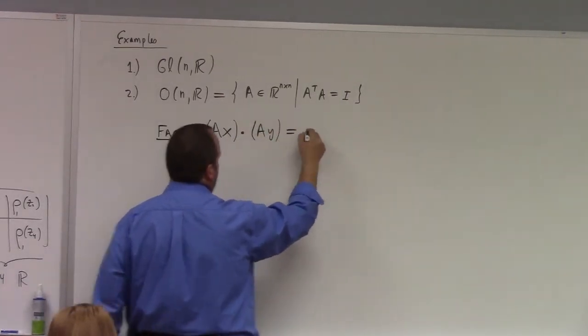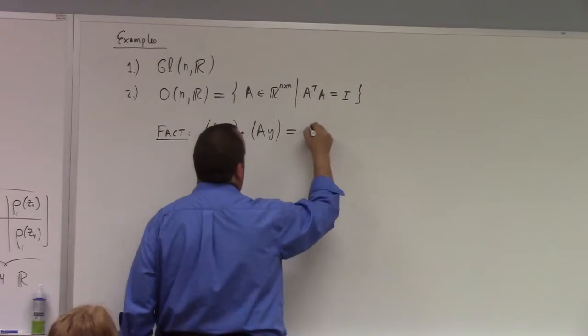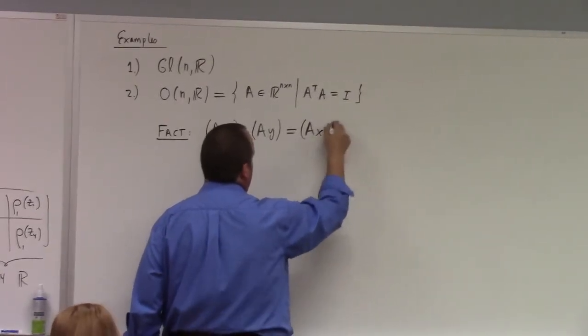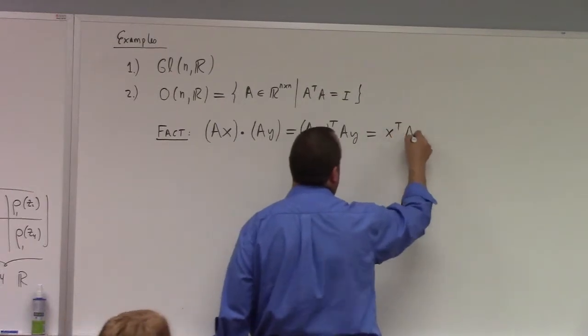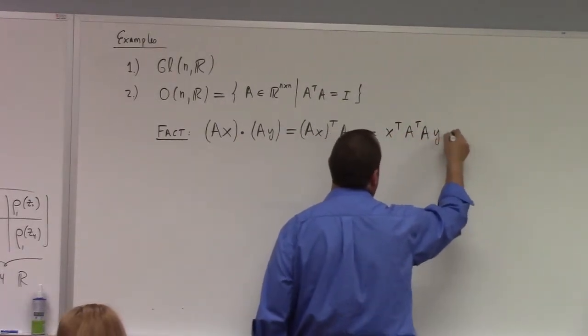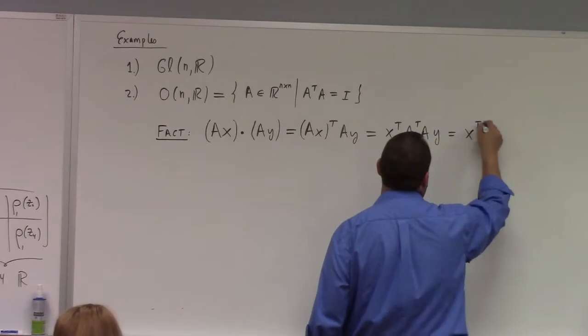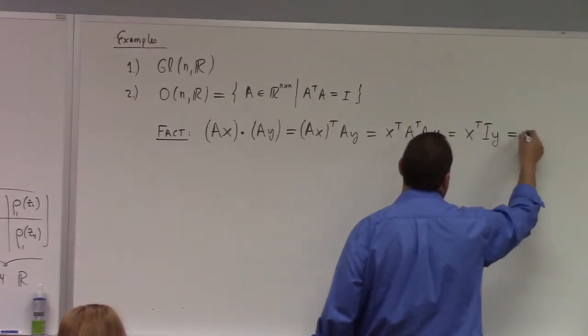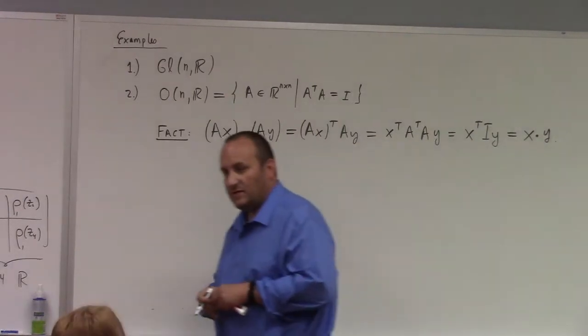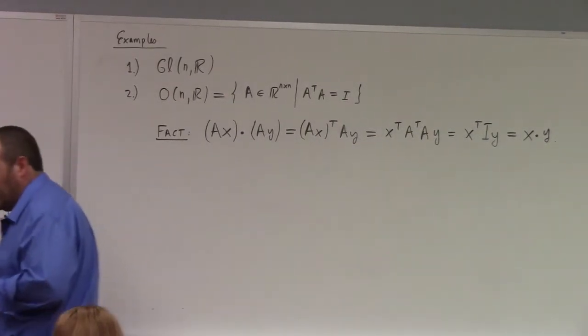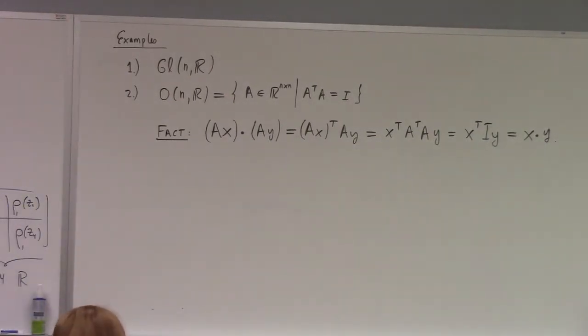That gives us (AX) transpose AY, which of course is X transpose A transpose A Y, which is X transpose I Y, which is, by the way, X dot Y. So one of the primary significances of the orthogonal group is it preserves dot products, right?